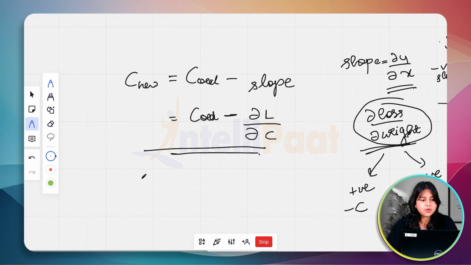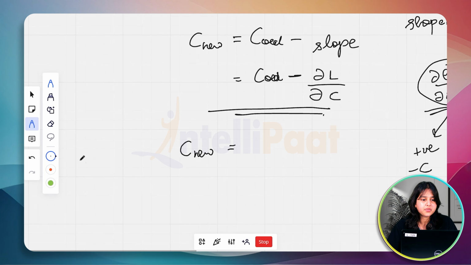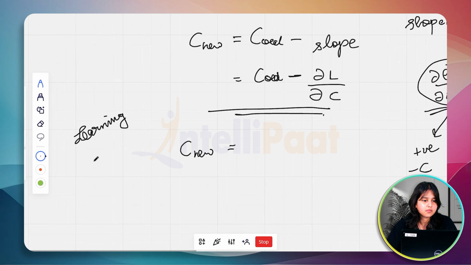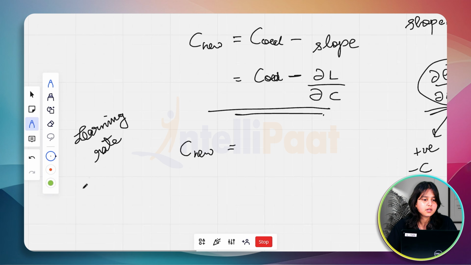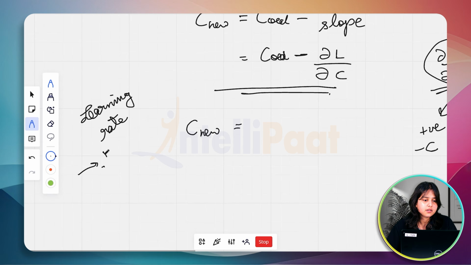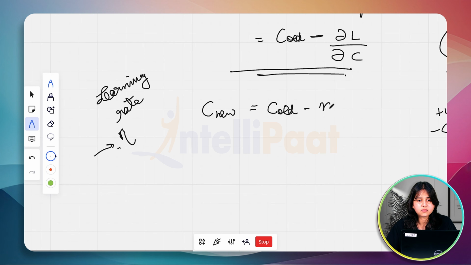So in order to avoid that, we introduce something known as learning rate. Which is nothing but our new, right? So this learning rate is multiplied by the slope. So this can also be written as delta W, right?